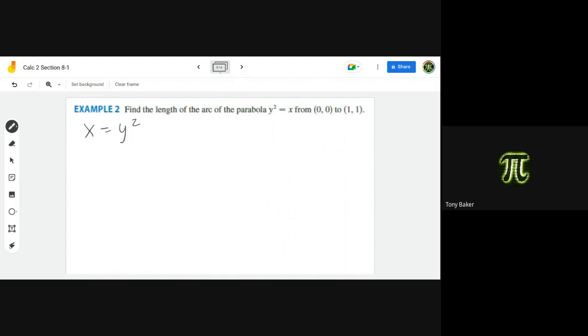We can leave it just like this. We do the integration in terms of y instead of in terms of x. So what's dx/dy? It's just 2y. So then I square that. It is 4y squared.